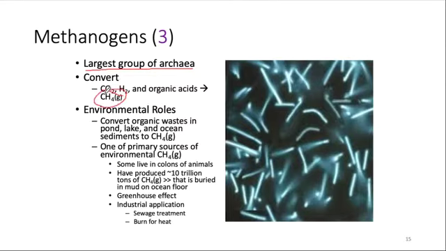Environmentally, they are of economic importance because they can help in converting all this waste into methane in the sediments, deep down in the soil, and the oceans as well. We find that they live in the colons of animals like cattle, helping in converting carbon dioxide, hydrogen, and organic molecules into methane.